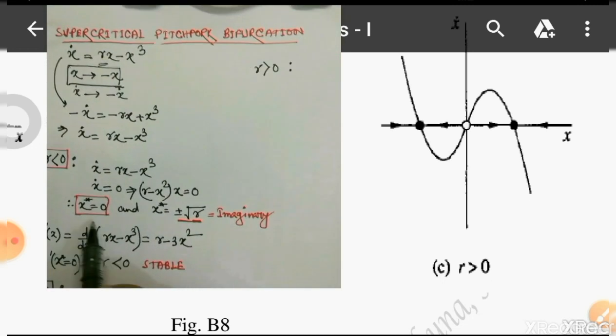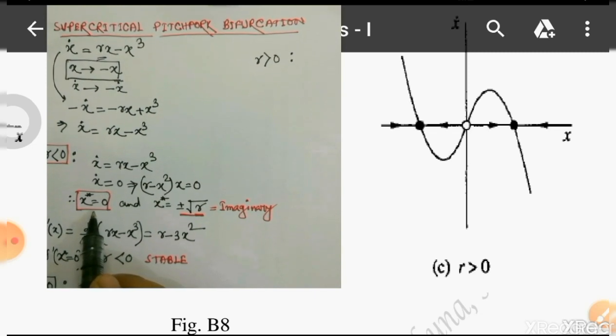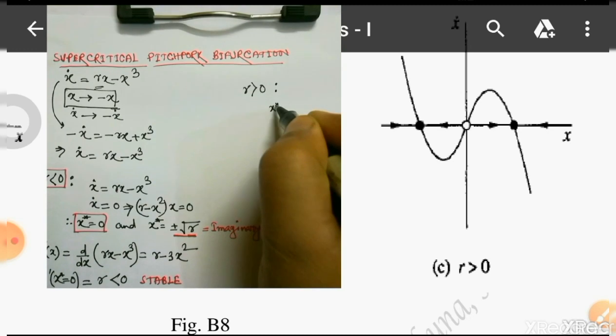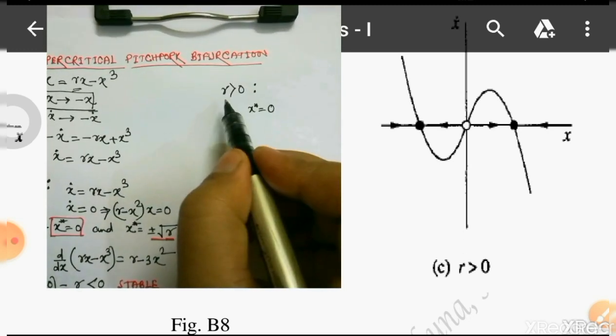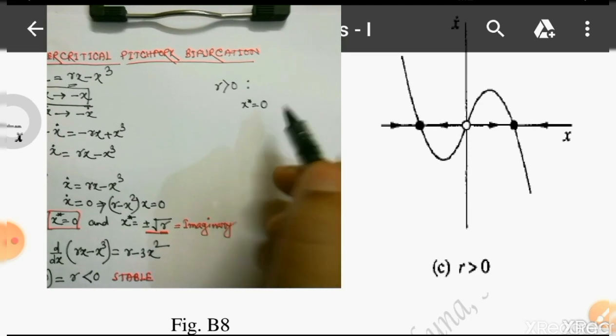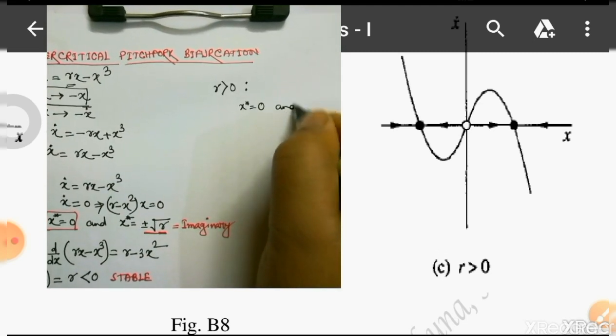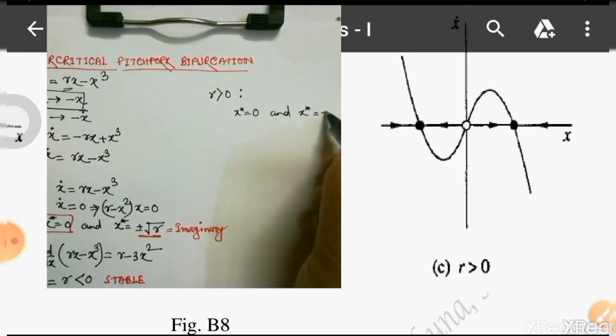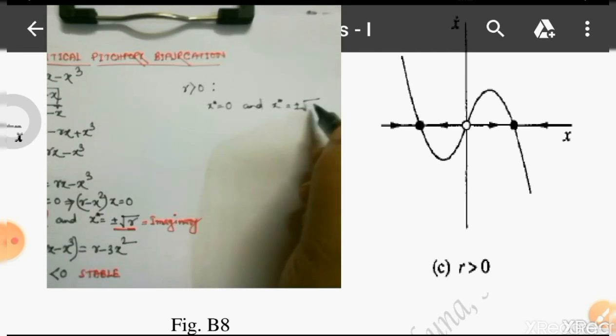If you see here, we have the fixed points: x star is equal to 0. So when r is greater than 0, x star equal to 0 remains a fixed point, and the other two fixed points are where x star equals plus or minus root of r.